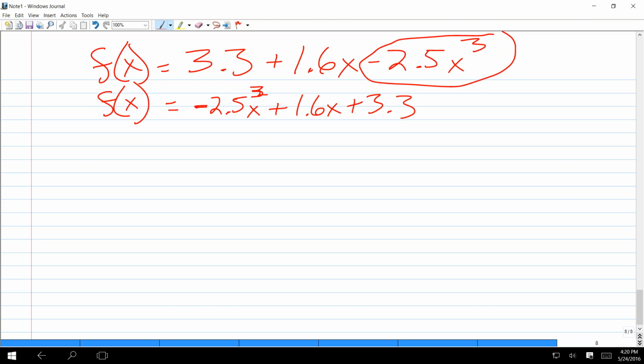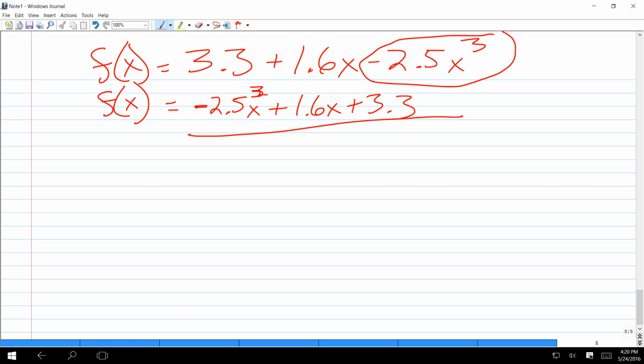So to find the minimum or the maximum depends on whether you've had calculus. If you haven't had calculus, then you have to put this into your calculator and find the minimum or maximum.